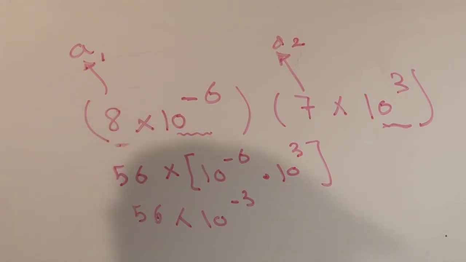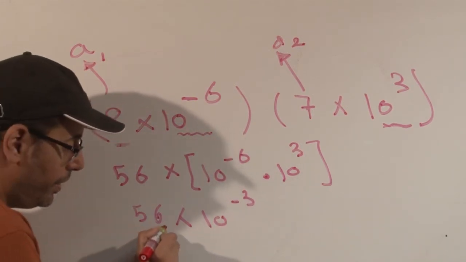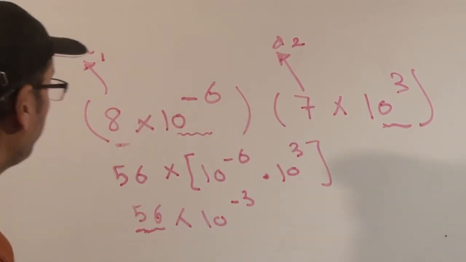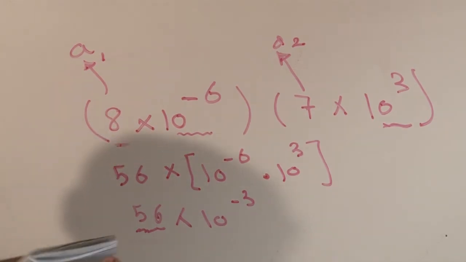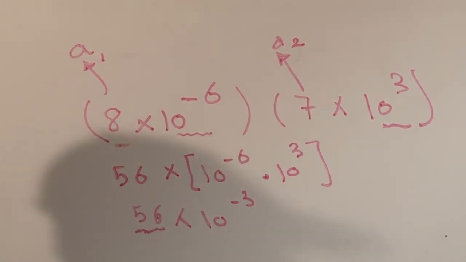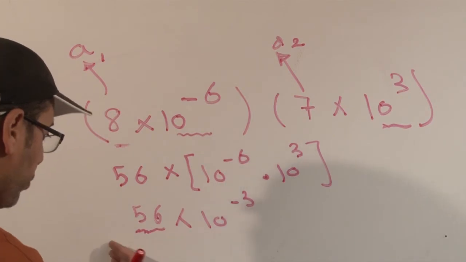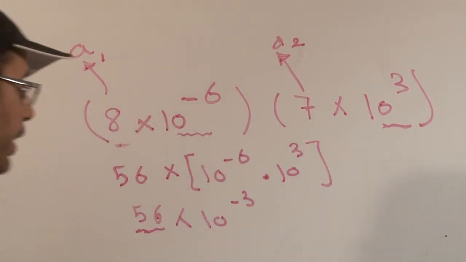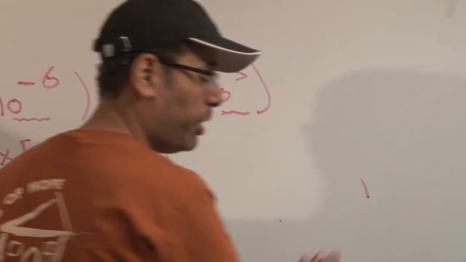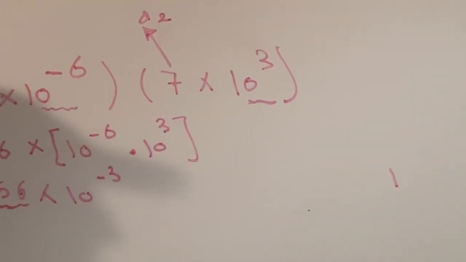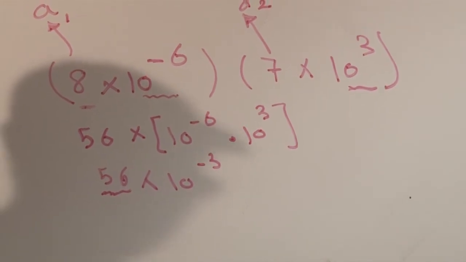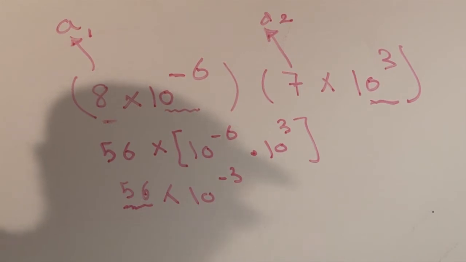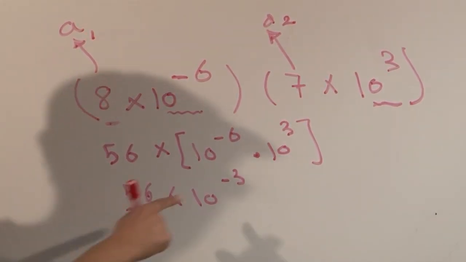But I remember that this doesn't work for the notation. It's supposed to be from 1 to 10. 56 is not from 1 to 10. How could I make that from 1 to 10? I have to move the decimal 1 place. So when I move that, I have to add 1, positive or negative? Oh, someone would say negative.